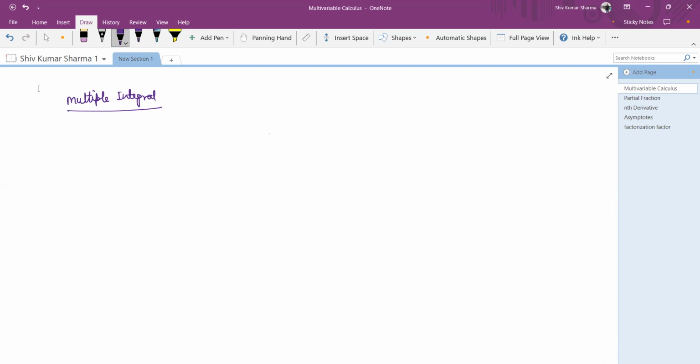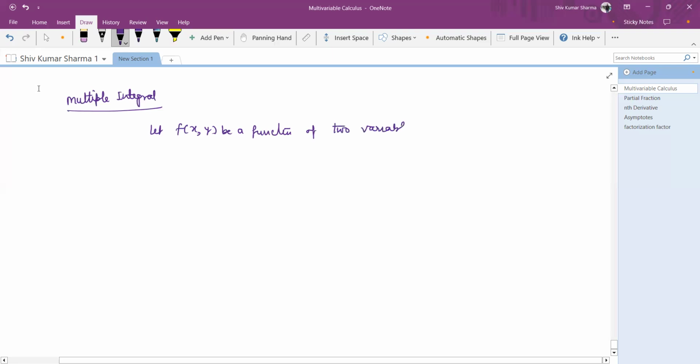So we define it as: let f(x,y) be a function of two variables defined at the points in some finite closed region.